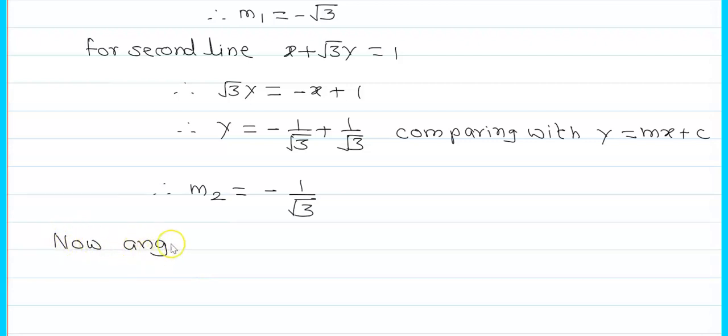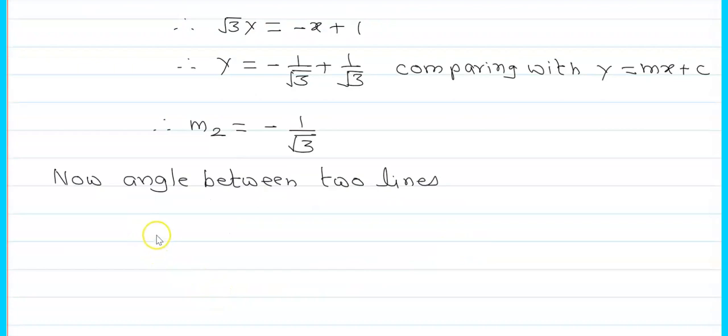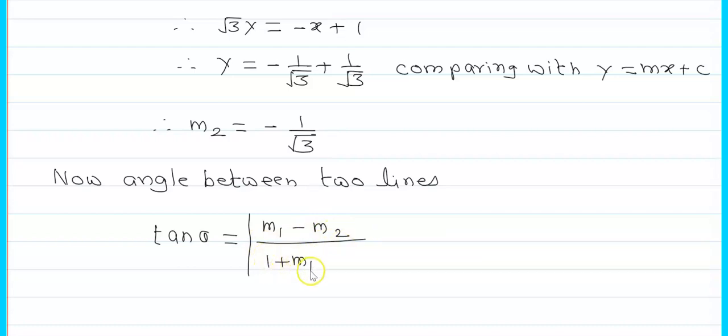Now, the angle between two lines. What is that angle between? The tan theta is equal to mod of m1 minus m2 upon 1 plus m1 into m2.